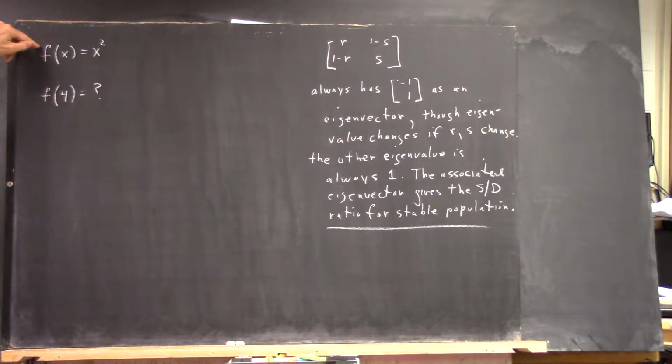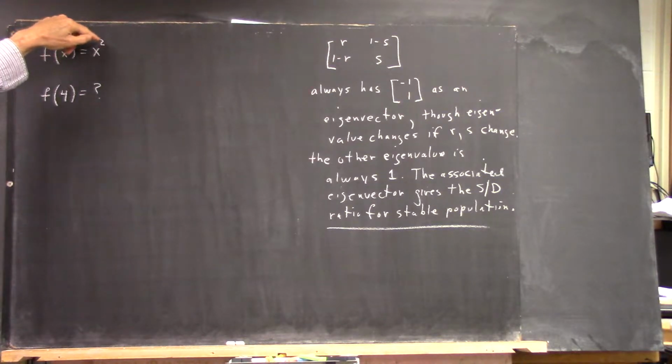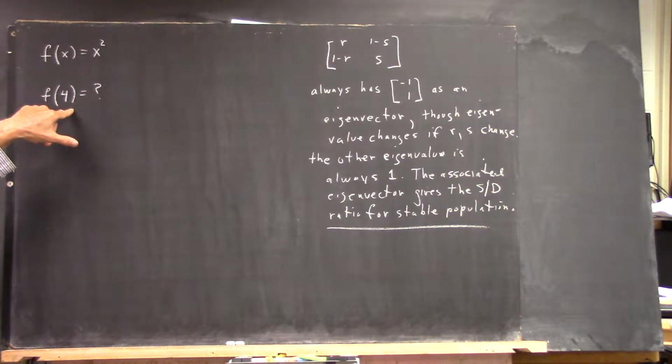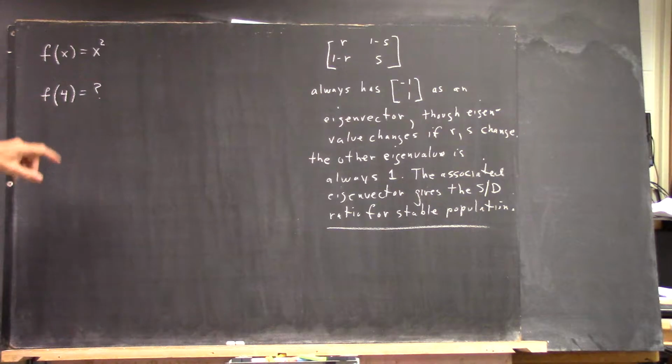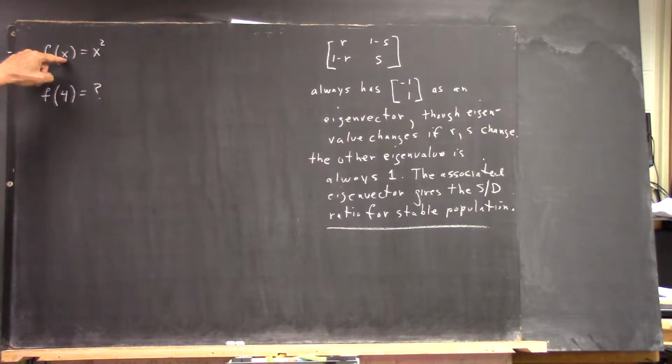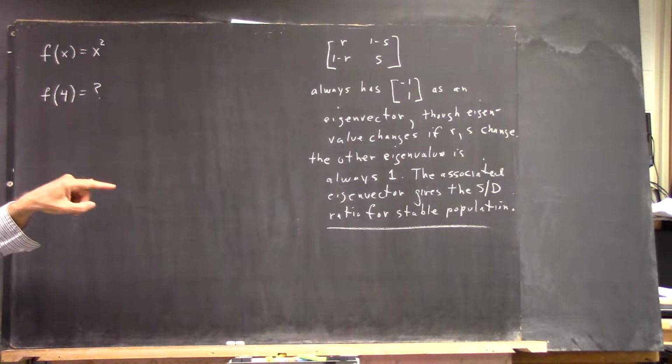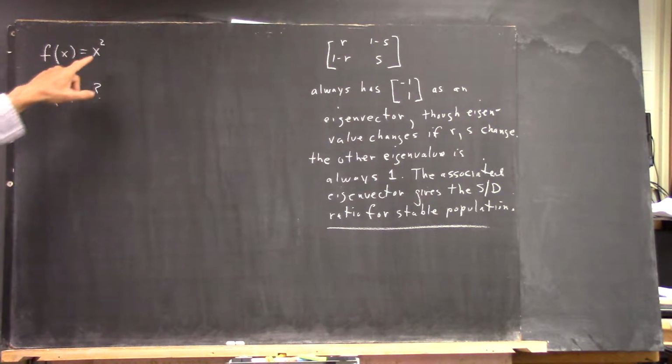So anyhow, we just write f(x) equals x squared, and then we ask ourselves what f(4) could possibly mean. Well, it looks like this x is now replaced by 4, right? If I replace this x by 4, I might get some information.